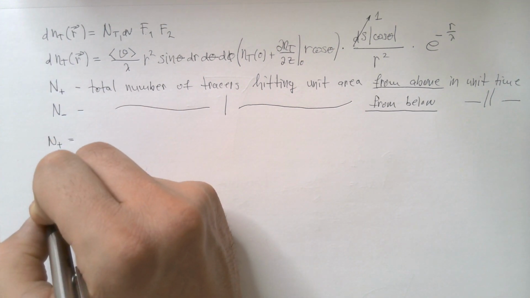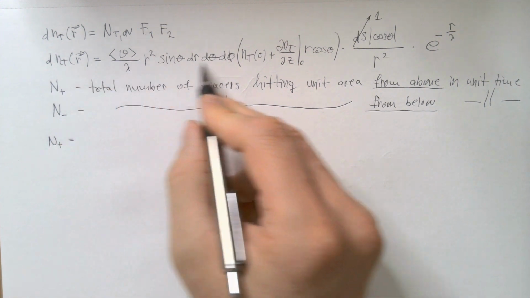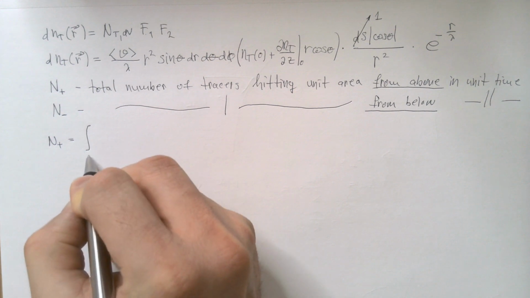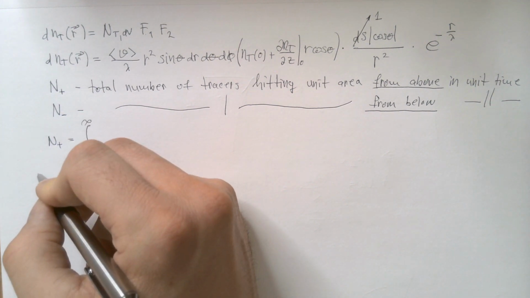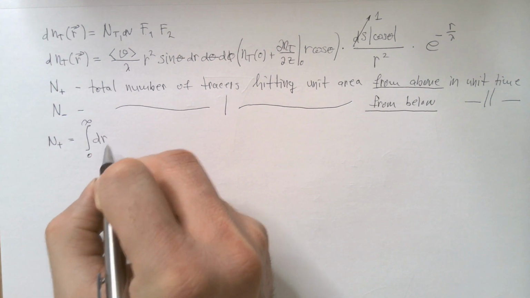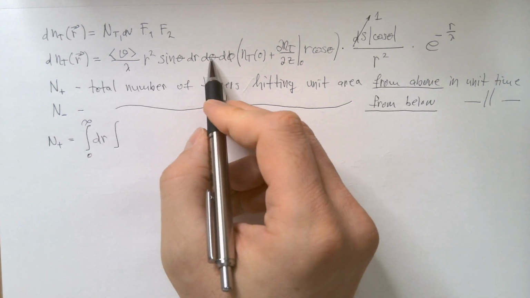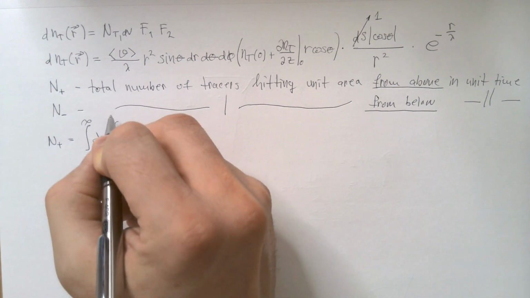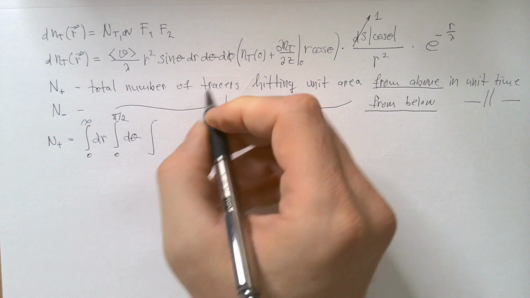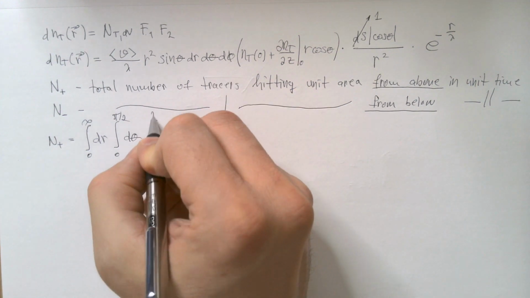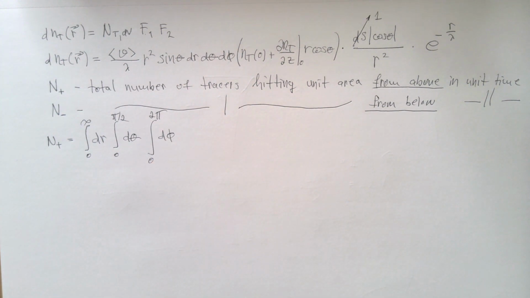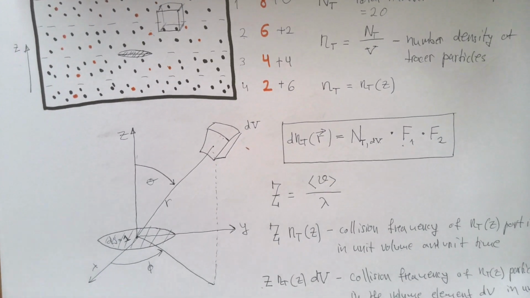Well, I have to integrate this long expression. So that would be integral from 0 to infinity, now I'm covering all radial distances, dr. Then I have to integrate angle theta between 0 and pi over 2, d theta, and I have to integrate d phi from 0 to 2 pi. Let's go back to our figure to see why.